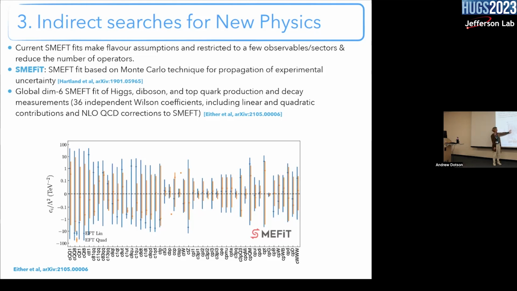If you look at the linear, which is the consistent expansion, just the interference between the standard model and 1 over lambda squared, everything is compatible with zero. If you add the quadratic, you have some indication, for example, this one is different from zero. But people don't trust it so much because we don't have the dimension 8 input as well. So there is a debate, whatever.